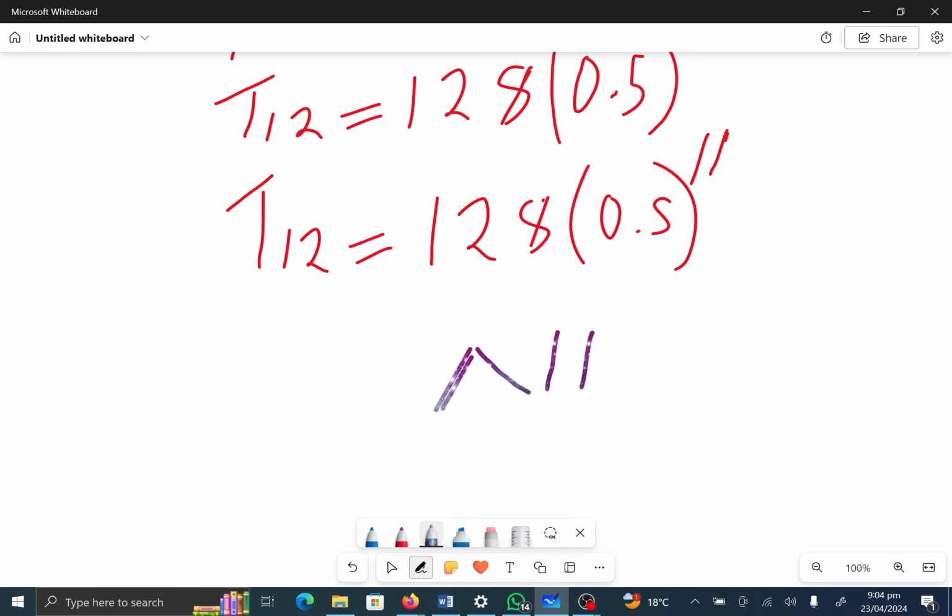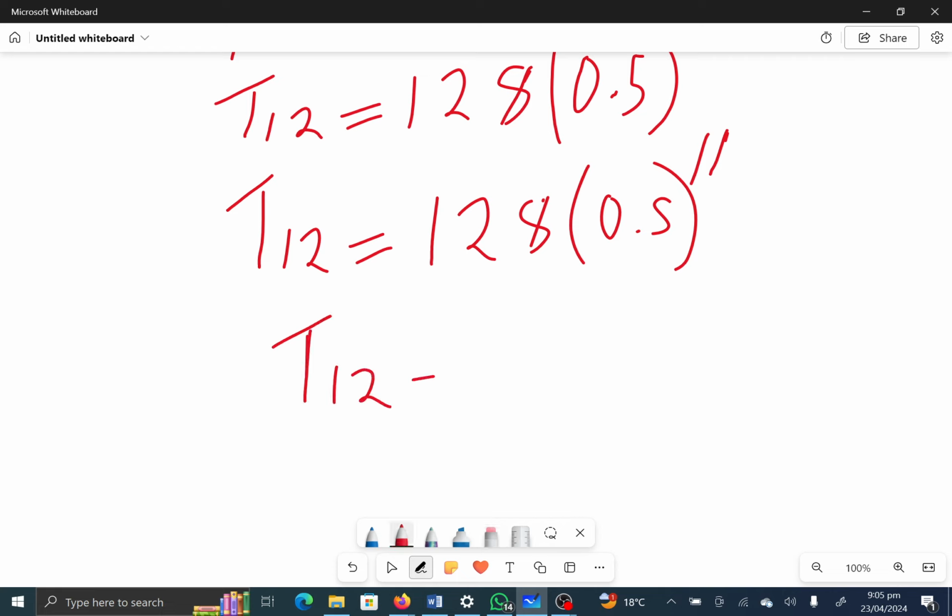When you compute, what are we getting? Our T12 is equal to 1 over 16.